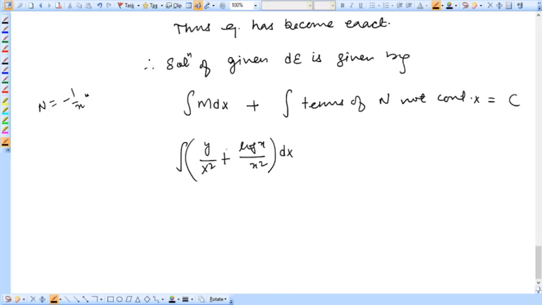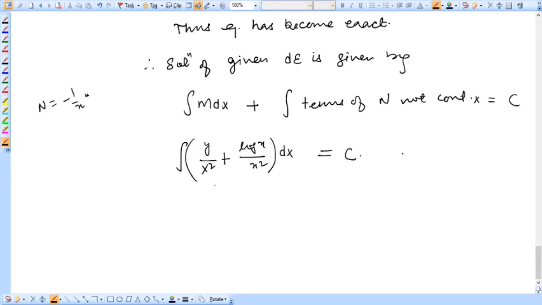Since there are no terms of N which do not contain x, it is 0, plus nothing, equal to c.